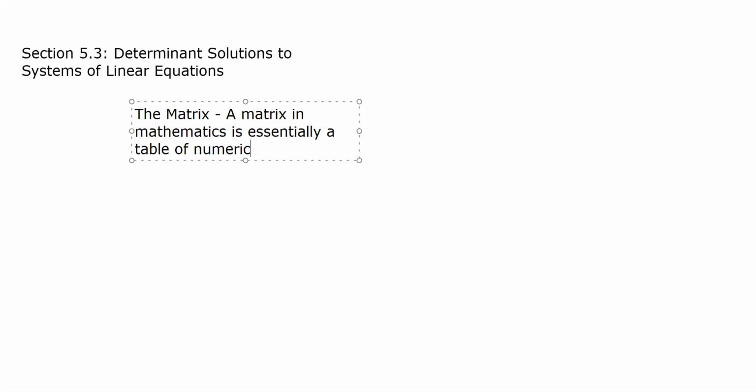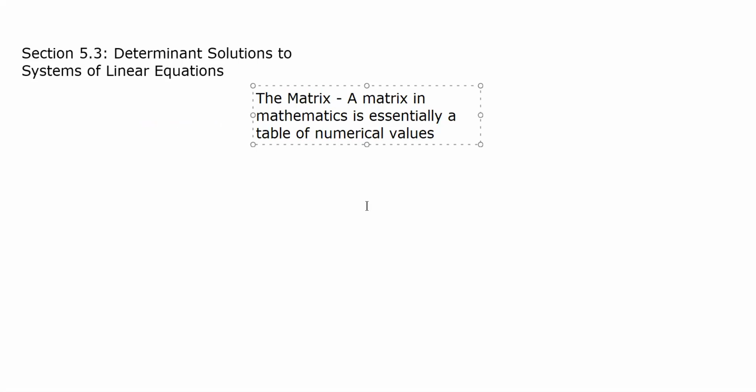So anyways, we're talking about a matrix. A matrix in mathematics is essentially a table of numerical values. To put it very simply, we use these bounds, we call these kind of giant brackets. And what we can do is put values in here.